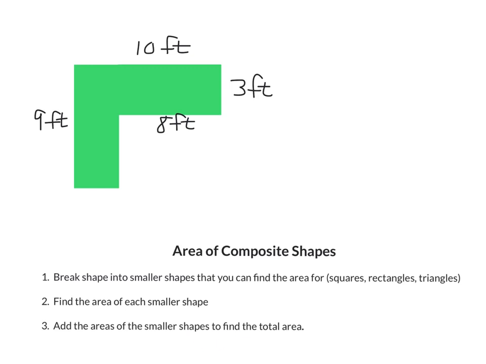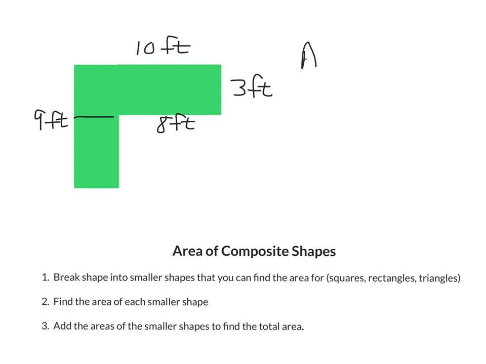So let's look at how we're going to divide this shape up into something that we can find the area of. The first thing I'm going to do is draw a line right here. I'm going to break this shape up into two rectangles. So let's do that first. All right, now I need to find the area.